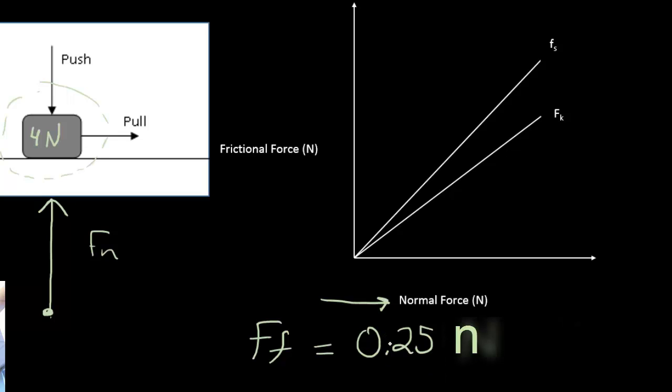So here's the equation. Notice that the force of static friction was steeper than the force of kinetic friction. It's always going to be greater for static. This equation would be different, and we would get different values for the slope for every different surface combination that we would use. We could look up and solve for a variety of different surface combinations.